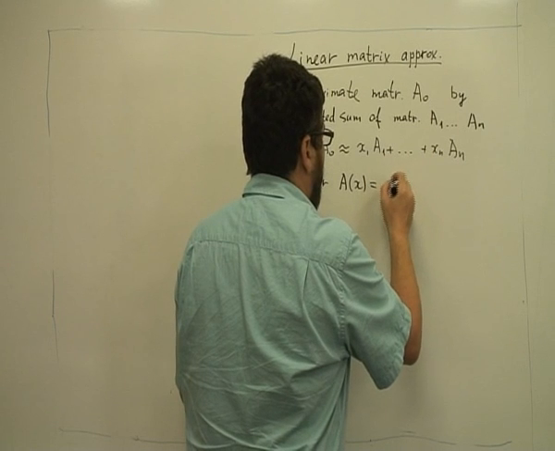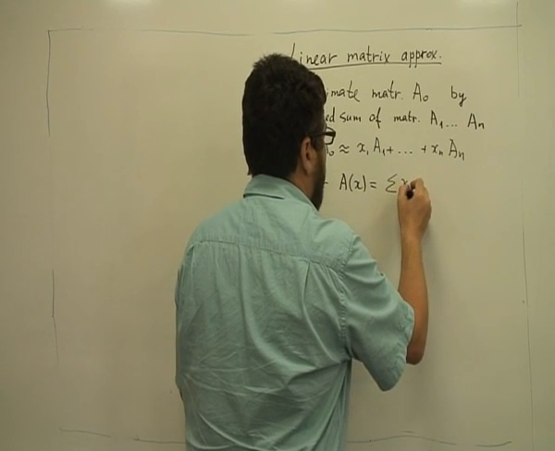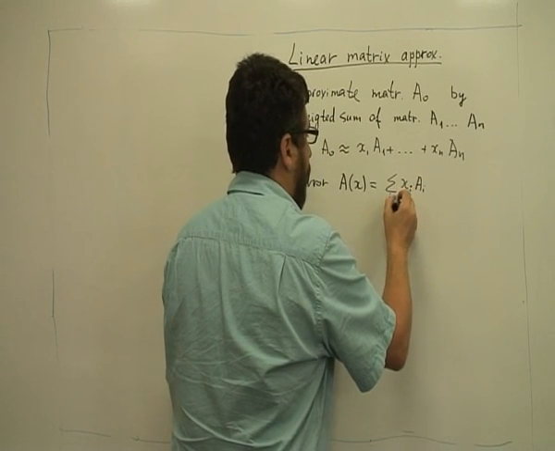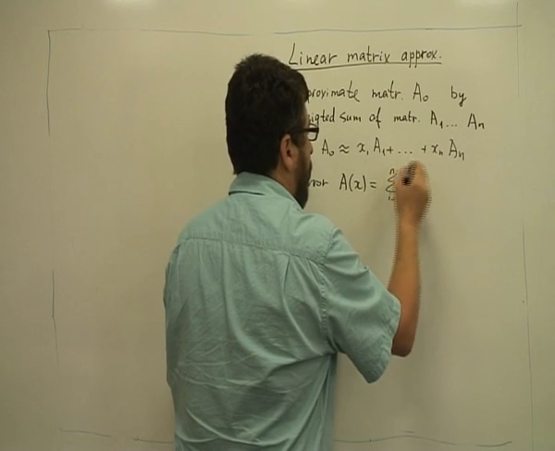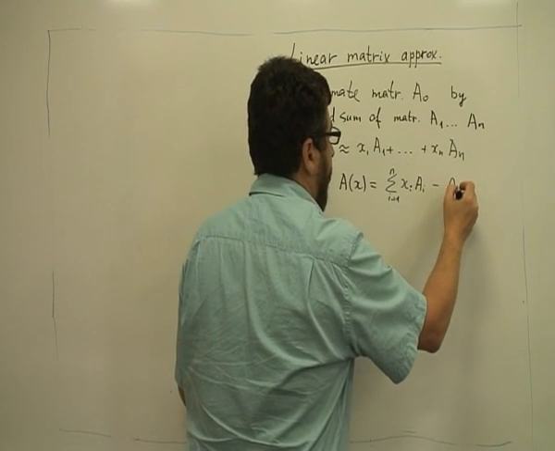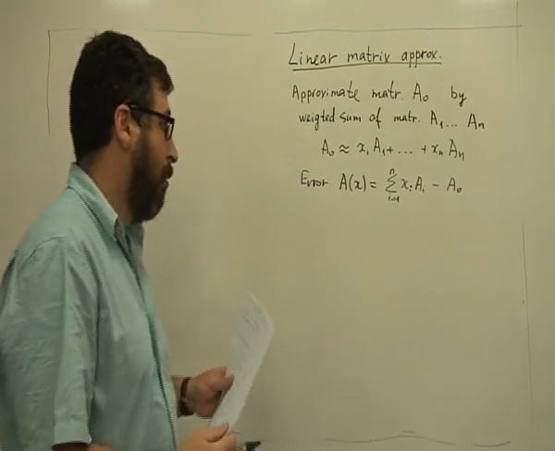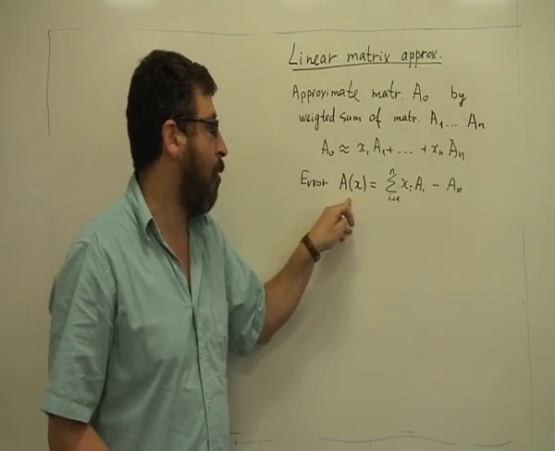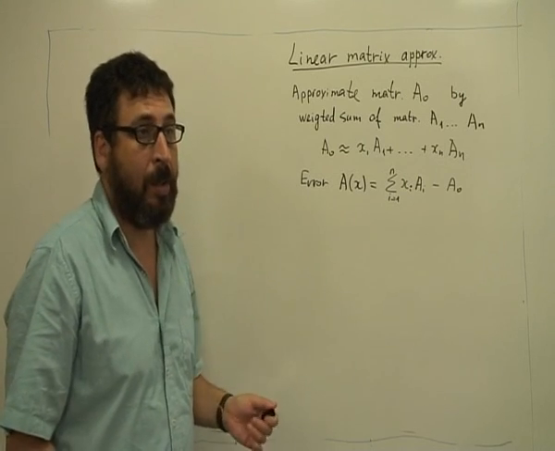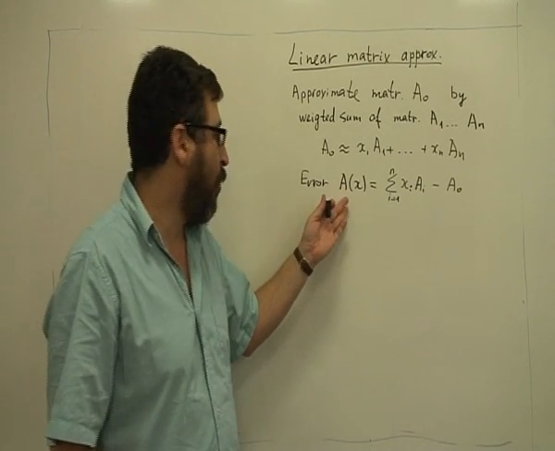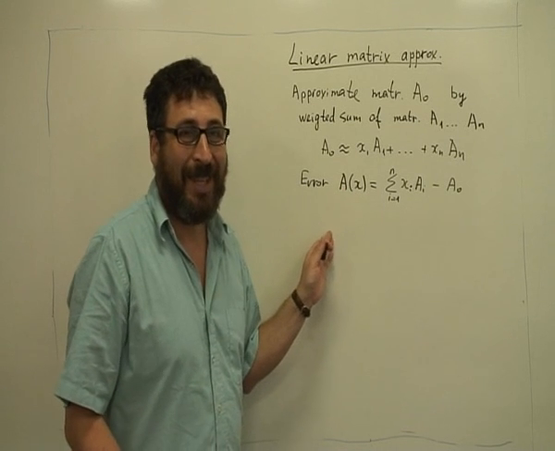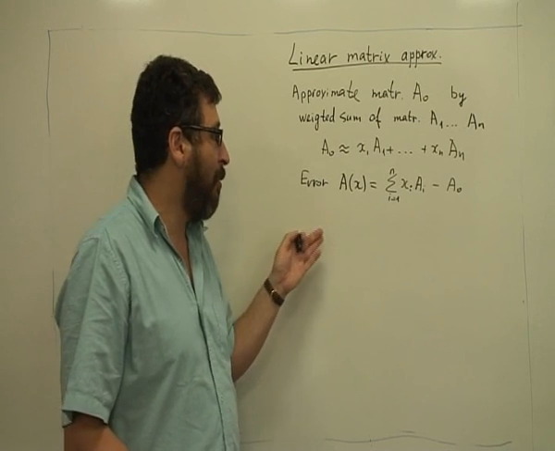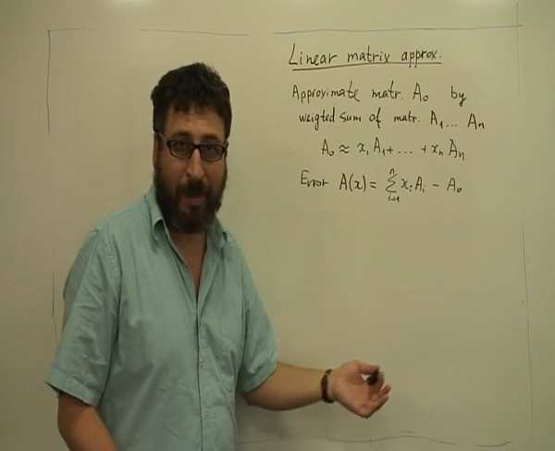So it's the sum of xi Ai, i from 1 to n, minus A0. And one would like to minimize the norm of this error matrix. Again, the norm may be very different, so we would like now to minimize its operator norm.